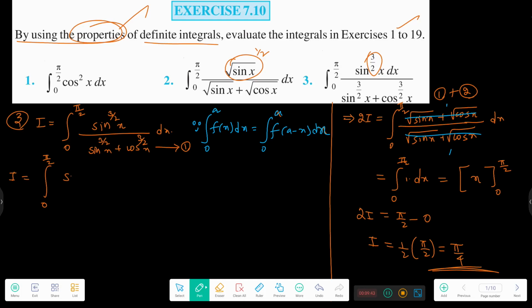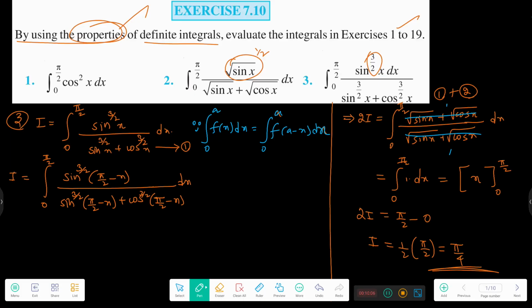So when I apply, what I am getting? Sin power 3 by 2 of pi by 2 minus x divided by sin power 3 by 2 of pi by 2 minus x plus cos power 3 by 2 of pi by 2 minus x dx.